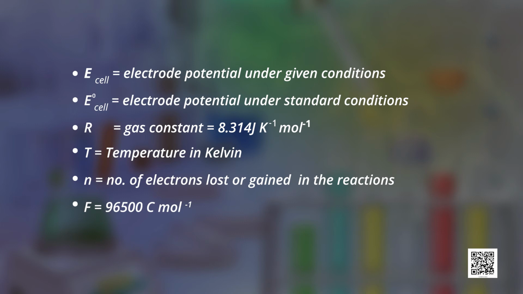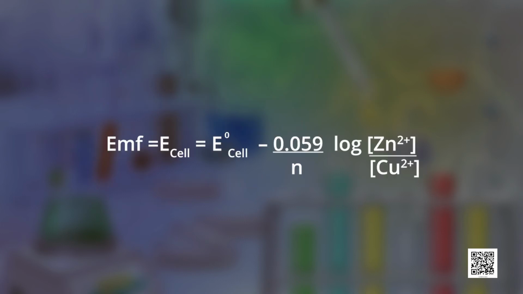On substituting the values of R, T and F, we can simplify the expression as EMF, E cell, is equal to E naught cell minus 0.059 upon n log concentration of zinc ions upon concentration of copper ions.